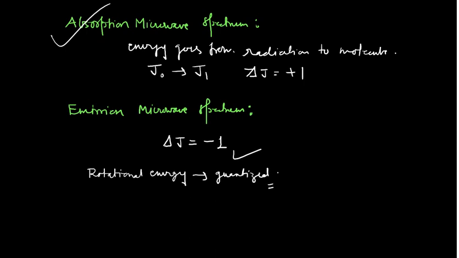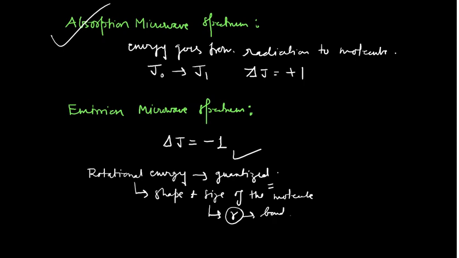This rotational energy basically depends on the shape and size of the molecule. Size means the bond length, R is the bond length, and you know I equals mu r square.